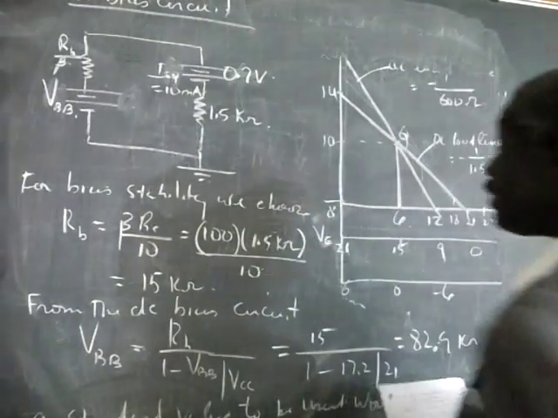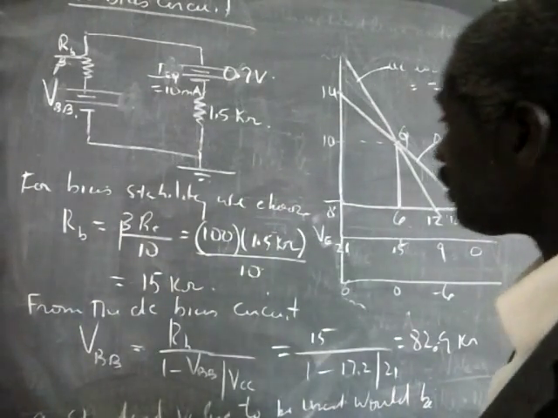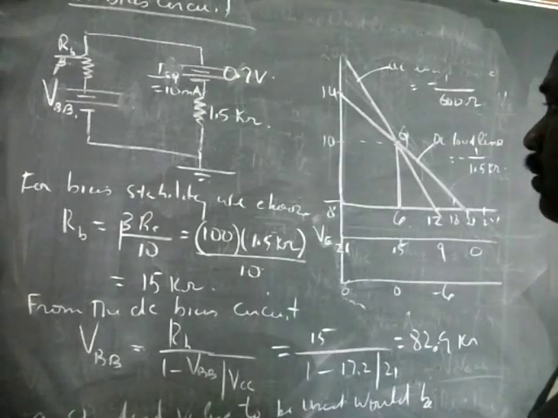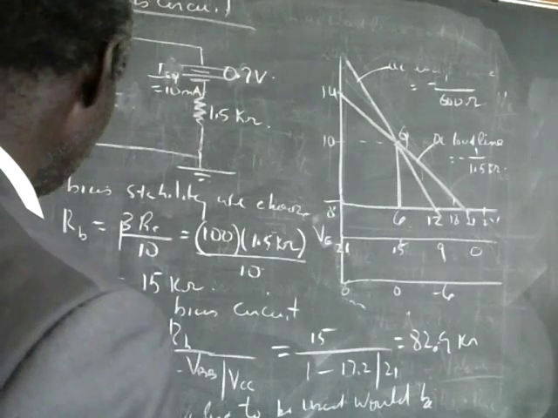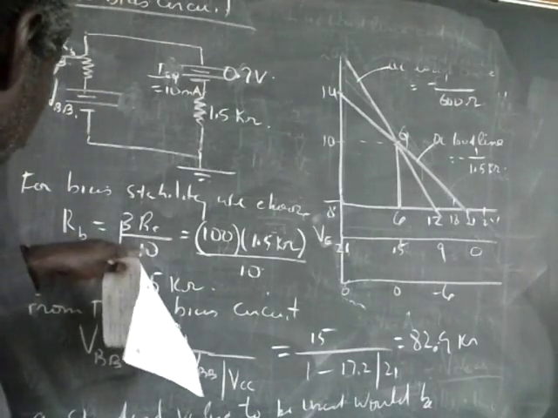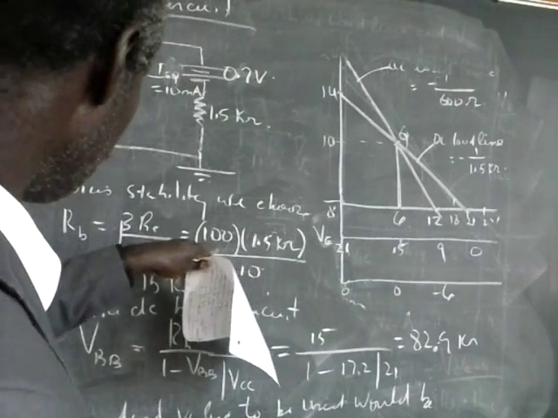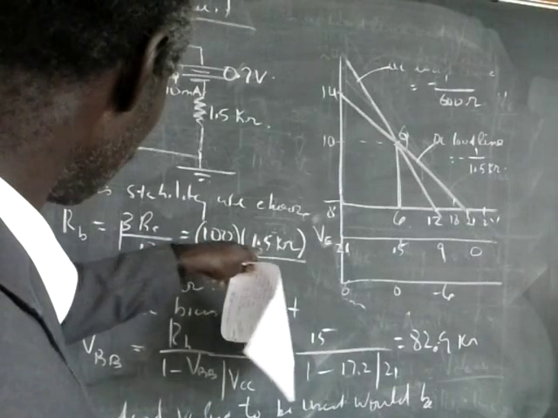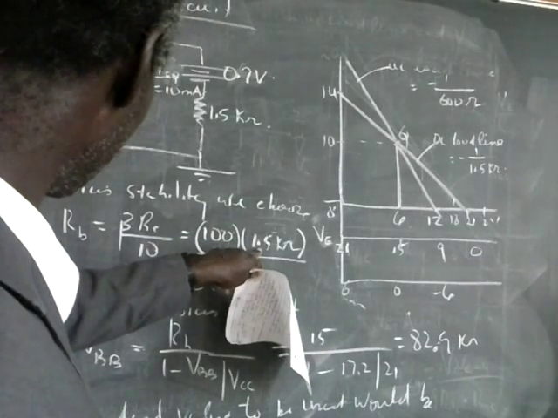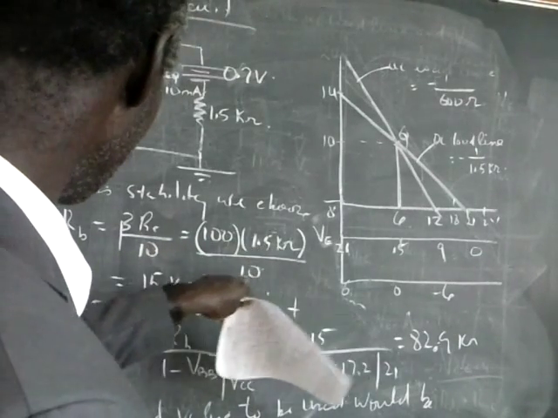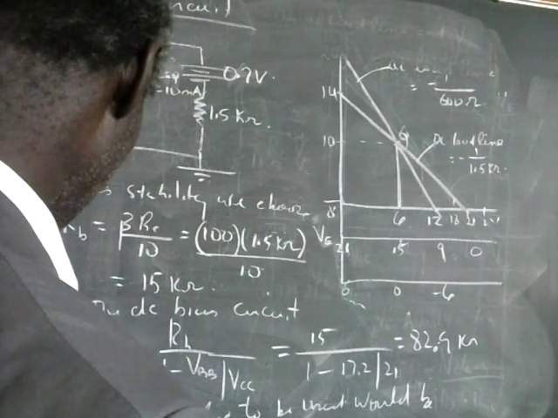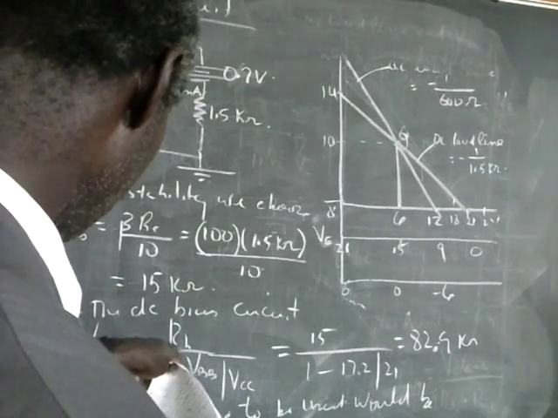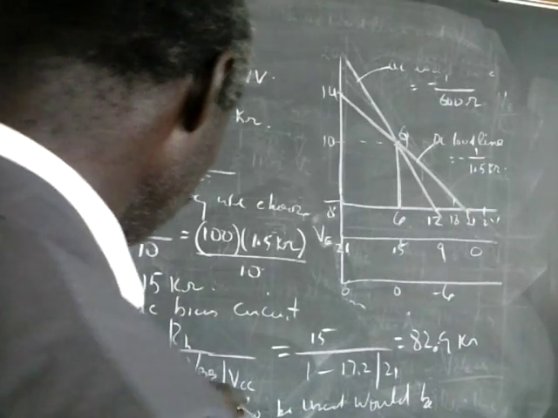Alright, so we just look at the DC bias circuit and need some calculation for bias stability. RB equals beta RE over 10, and beta was equal to 100, and these were the value of RE equals 15 kilo ohms, and we find R1 equals RB over 1 minus VBB over VCC.